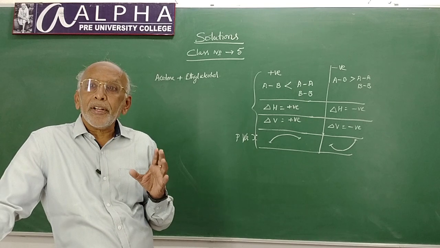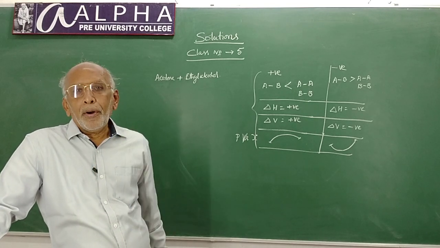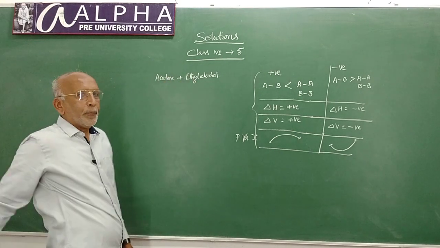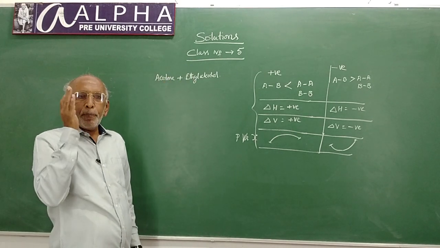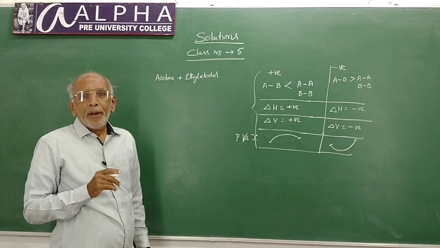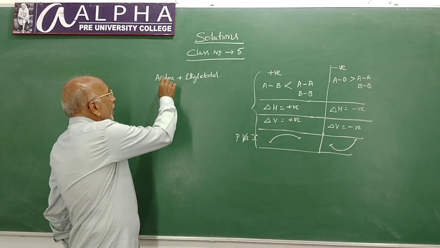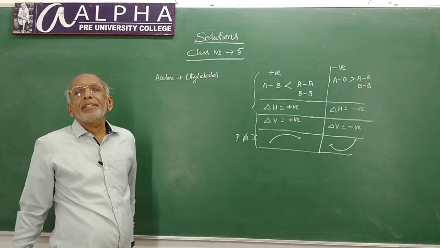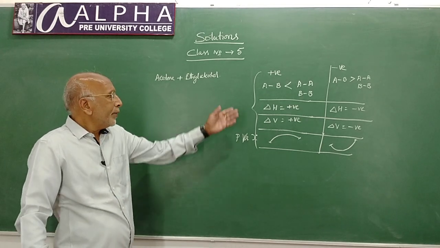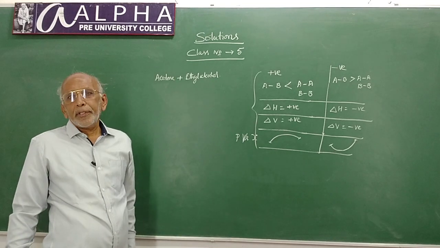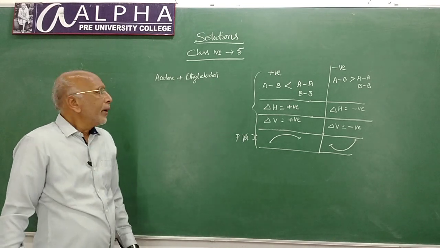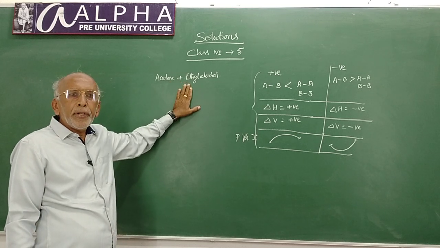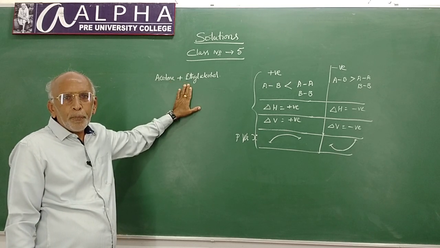When you add acetone to ethyl alcohol, some hydrogen bonds are broken and the space created is occupied by acetone molecules. As a result, distance increases and attractive force decreases. So this system shows positive deviation from Raoult's law.